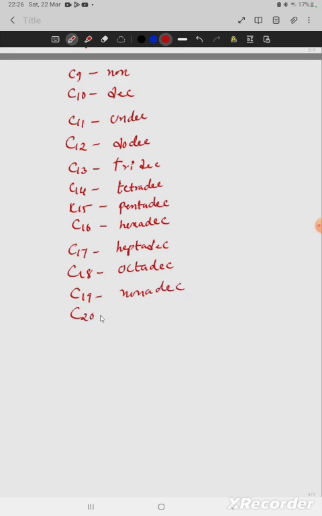If there are 20 carbons in the carbon chain, we call it eicos. Here we discussed the root word, the number of carbons in the main chain, that is the longest chain.